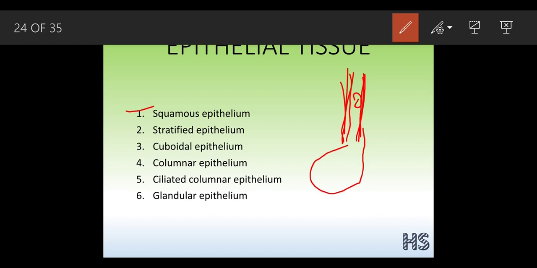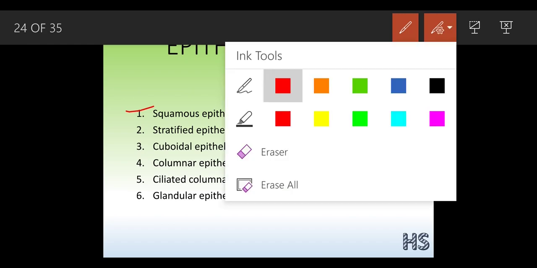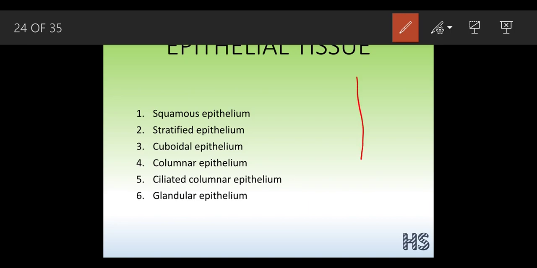What is the function of this squamous epithelium? The function of this squamous epithelium is to protect the body or the internal organs from any injury or from any germs that enter into our body. And why is this flat in nature? Because if food comes inside this esophagus, it should be able to travel down easily towards the stomach.